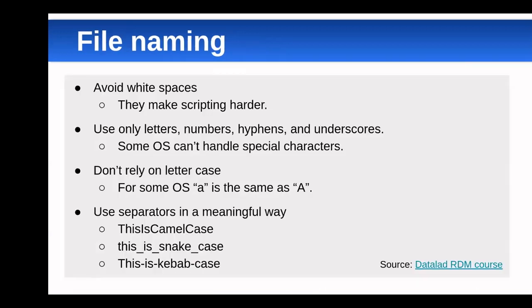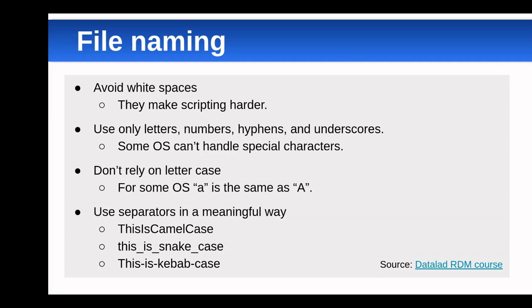Okay, so after you organize your folders to know where you're going to put your data, you have to figure out how you're going to name the different files you put in it. And BIDS tries to also follow some of the general rules about good data management. The first one would be: don't put any white space in your file names, because it makes scripting very, very hard.